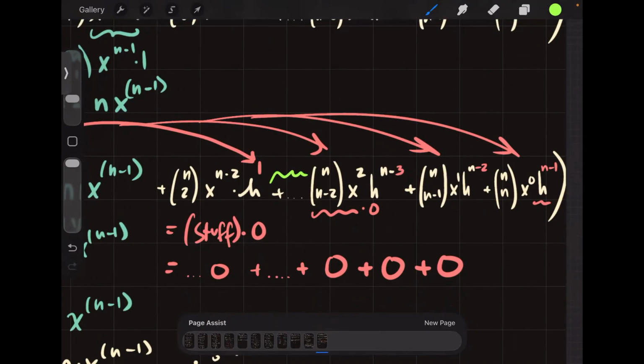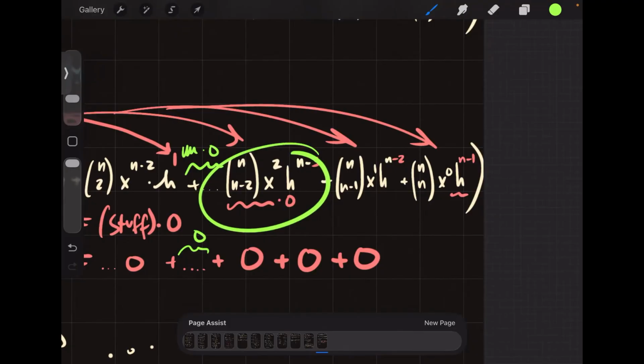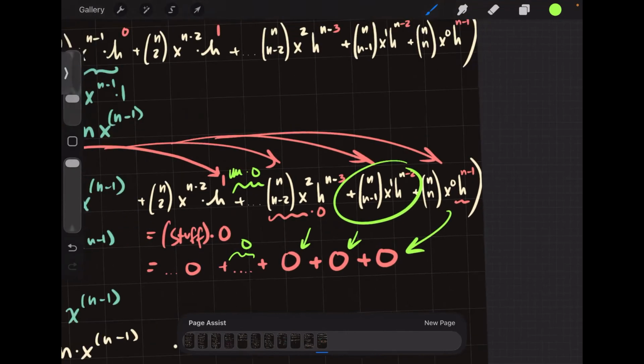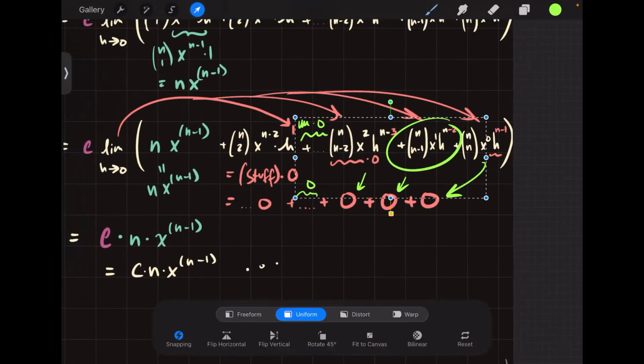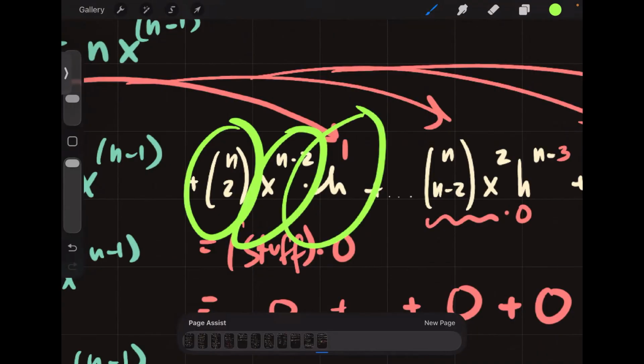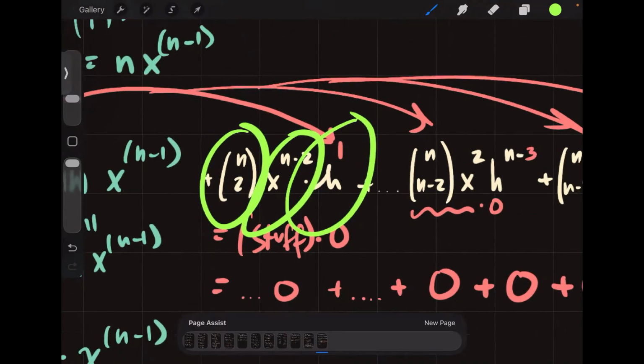All of these things in between also have some kind of stuff times 0. Even this is 0, because at the end of the day, you're looking at some coefficient times some x to whatever power times 0 to whatever power. It's just stuff times 0, and that's going to give you 0.